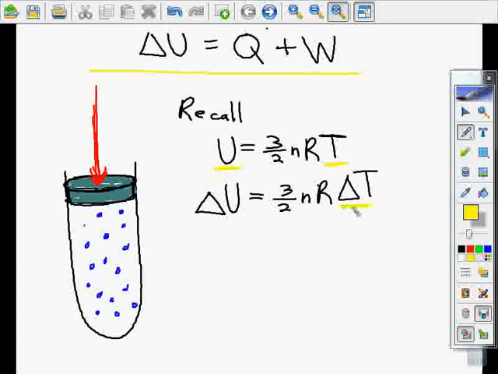If you have an increase in temperature, you're going to have an increase in internal energy.